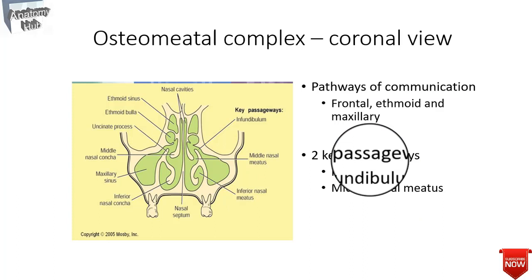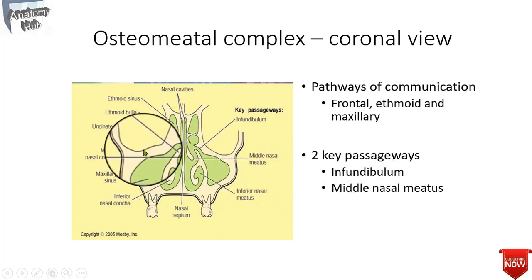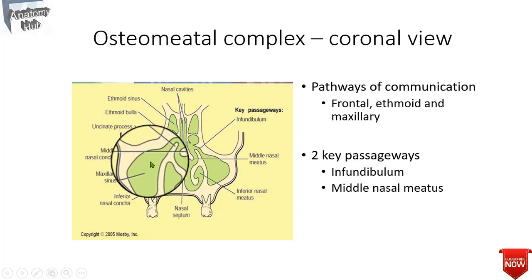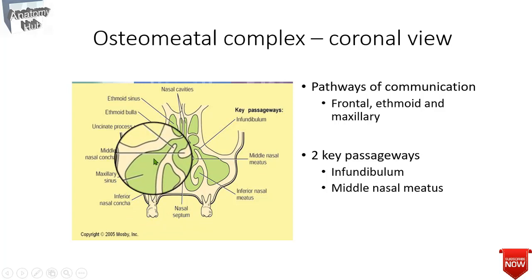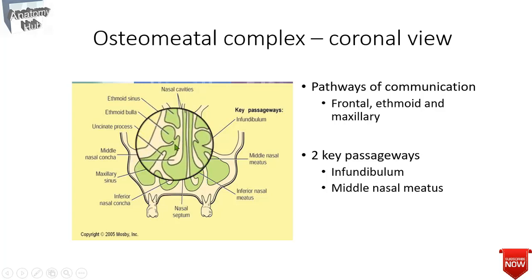So here you can see the osteomeatal complex, how in coronal section the sinuses communicate towards the nasal cavity. So here you can see the bony cavity of the maxilla, and here you'll find the maxillary sinus, and this is the lateral wall of the nose.